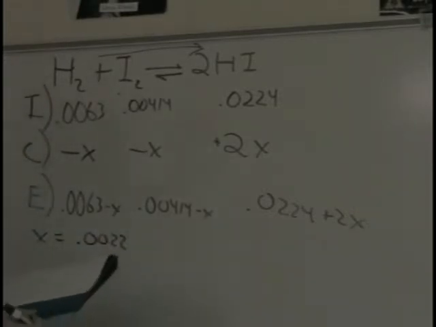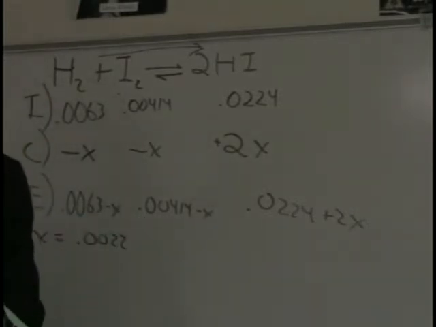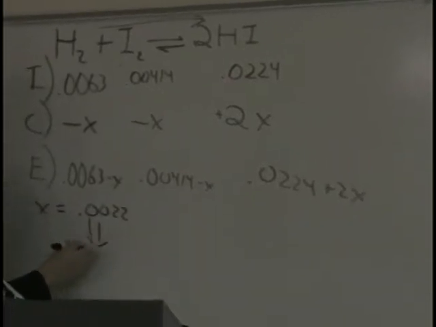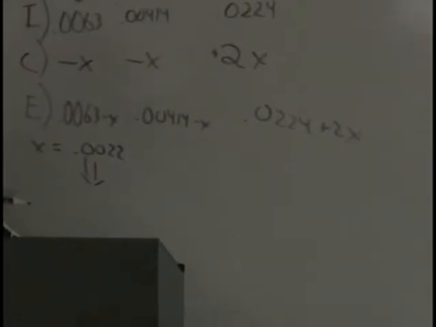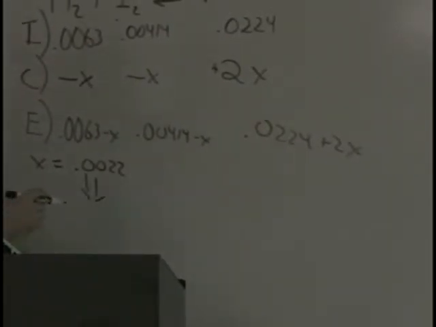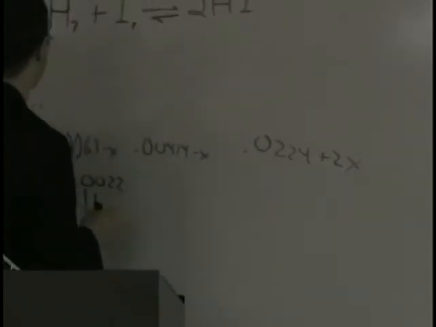The question is asking for, what are the concentrations at equilibrium? So to figure out the concentrations at equilibrium, plug x in. So now I can see that if I plug x into here, my concentration of H2 at equilibrium would be 0.00403. And I'll actually just write that on the top here so it's a little bit easier for you to see the final answer.